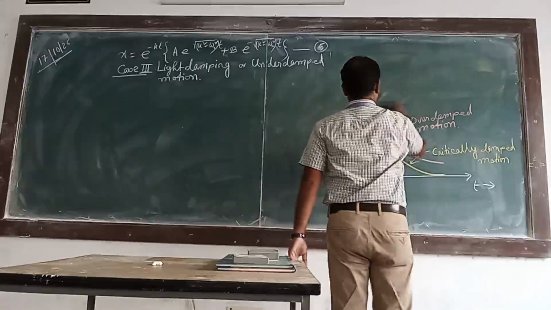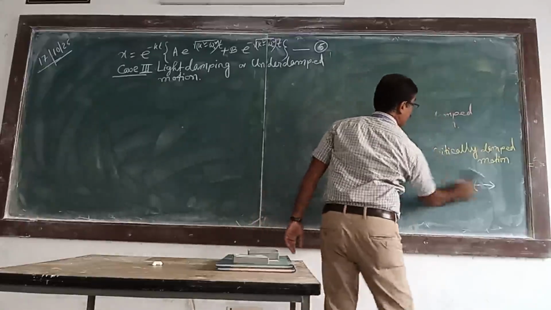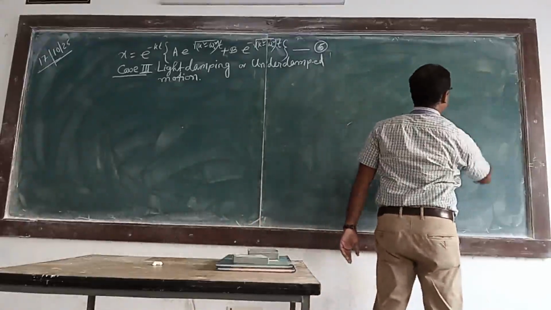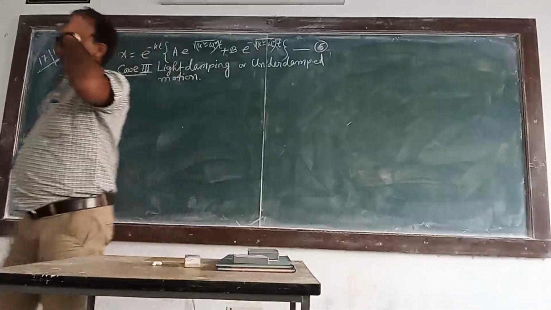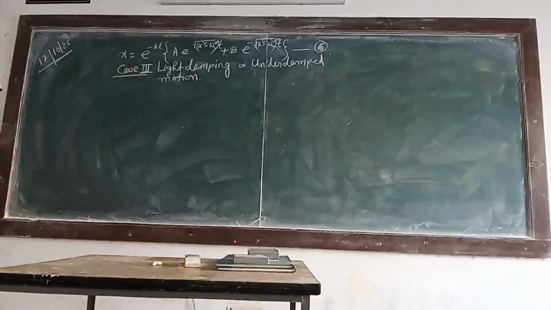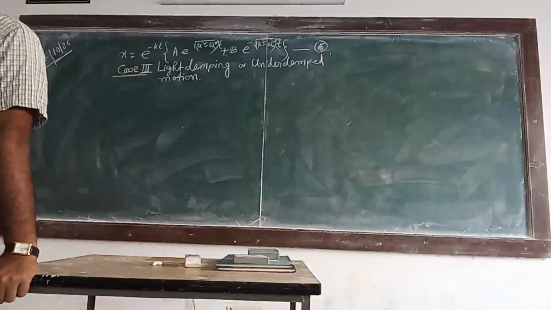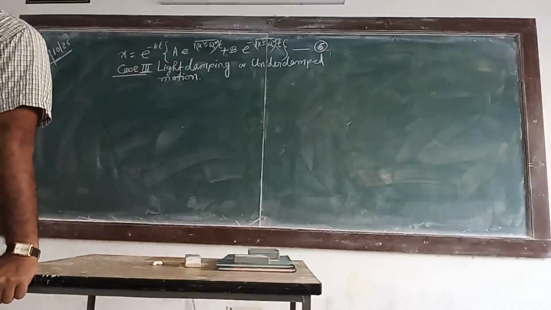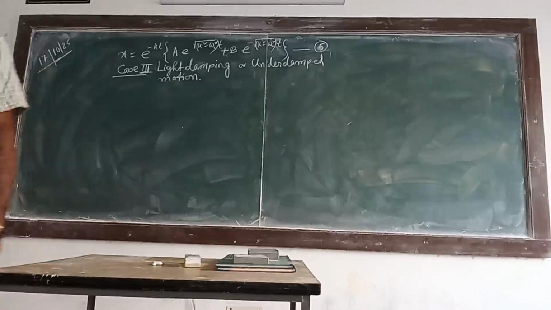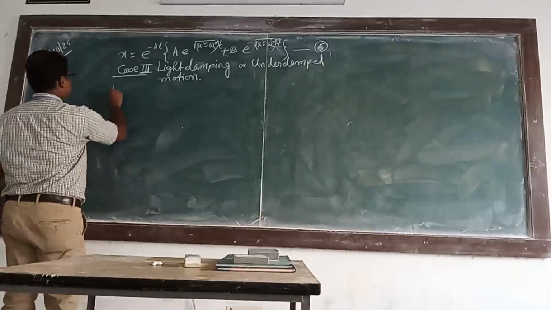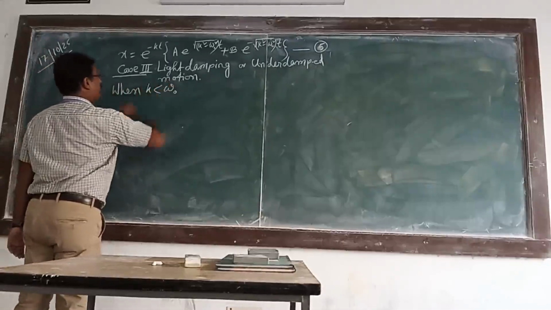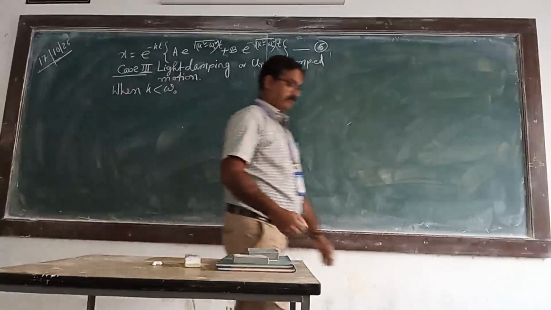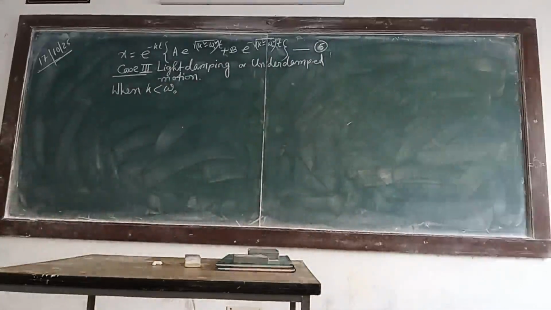What do we mean by light damping? If k is less than omega naught, that is, if the damping force is less than the natural frequency, then that is called light damping. When k is less than omega naught.